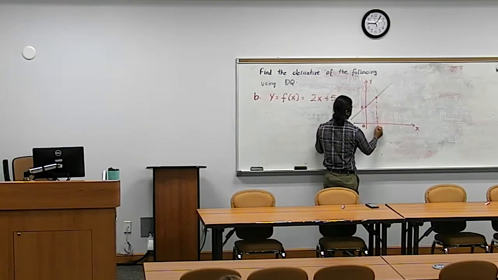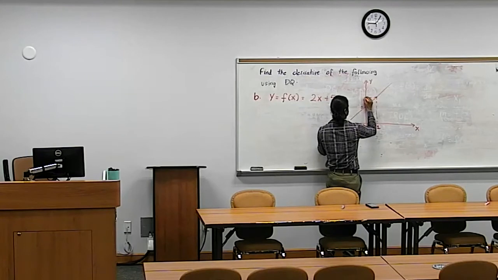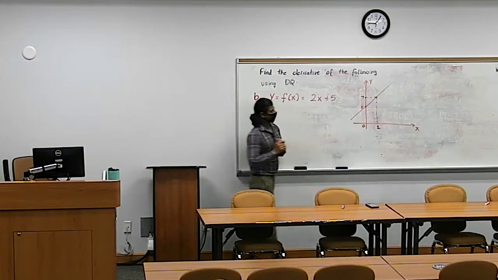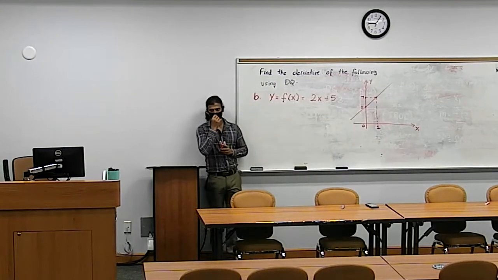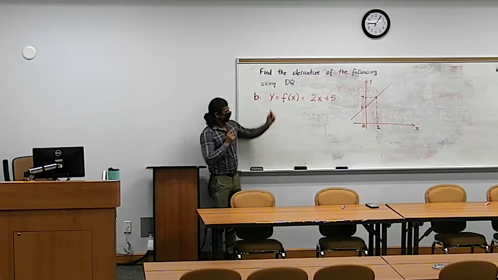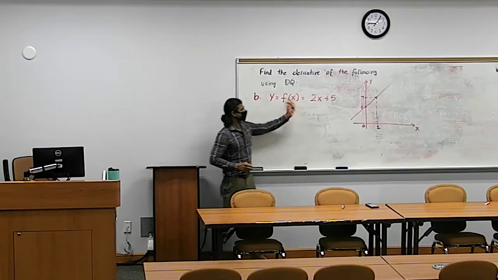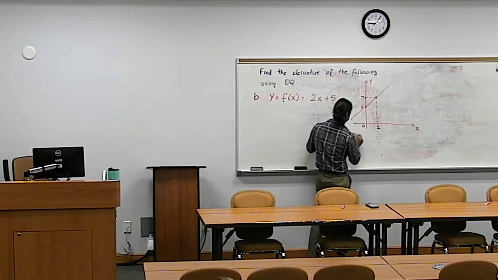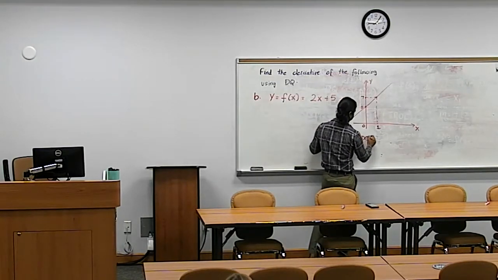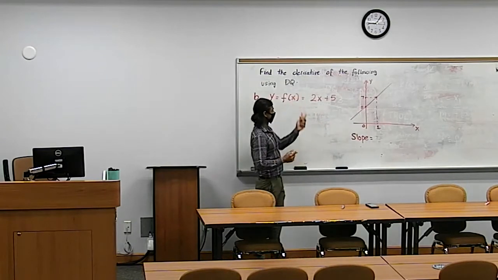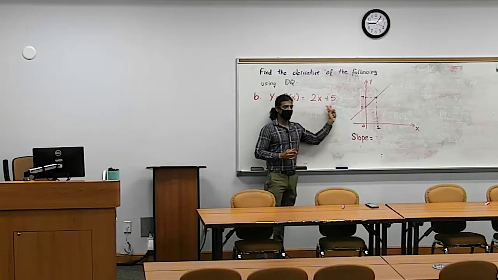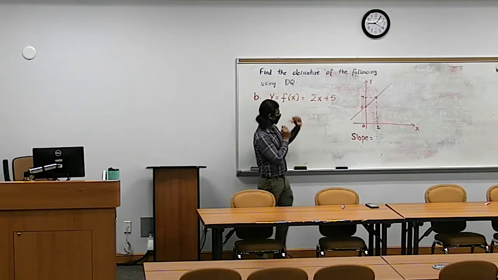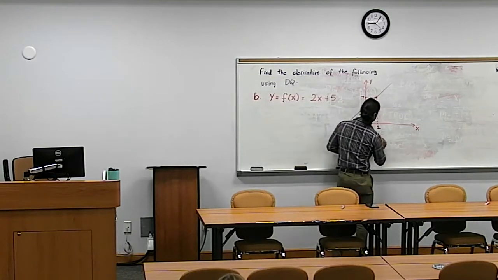I plug in 1, I end up getting 7. Yes? Just by looking at that and looking at this equation, what is the slope? 2, because this is the slope-intercept form, and you have the slope already, so that would be 2.